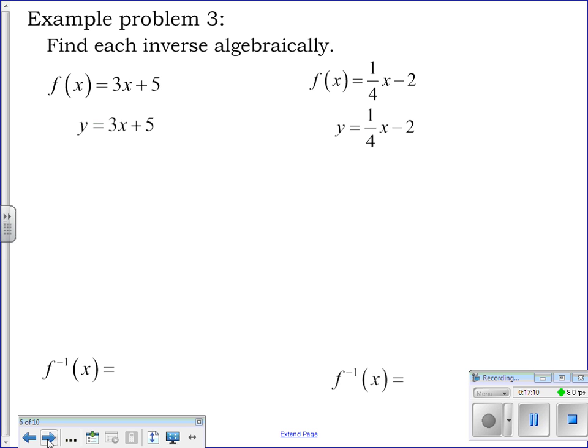Find each inverse algebraically. So my original function, f of x is 3x plus 5. I want to find the inverse function. Your first step I've actually already done for you. First step, take f of x, replace it with y. Step number 2, solve for x.